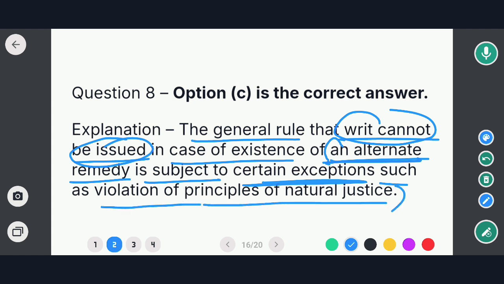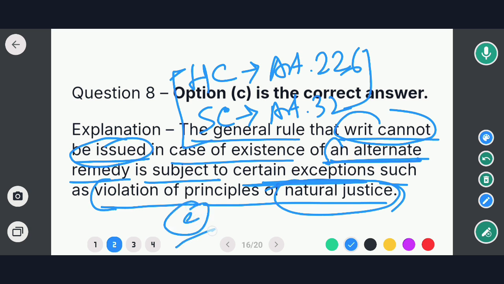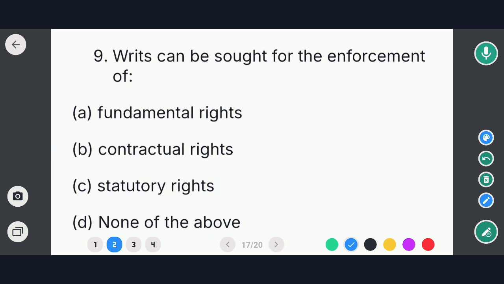That means if there is any violation of principles of natural justice, then the writ can be filed directly to the High Court under Article 226 or the Supreme Court under Article 32. Okay, so in this case option C would be the correct answer. So now move to the next question.